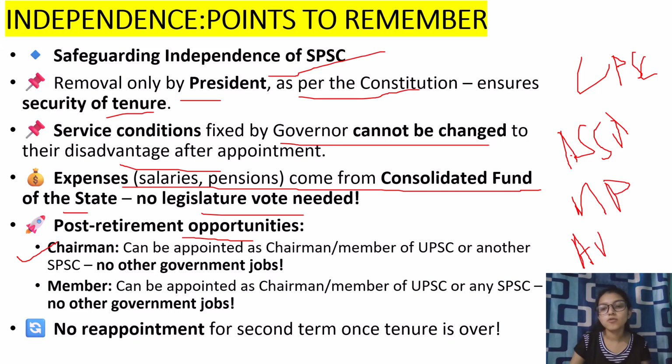All these kinds of bodies I can go into, but other than that I cannot apply for any other government job. A member can be appointed as chairman or member of the UPSC or SPSC, no other government job. No reappointment for a second term once the tenure is over. So reappointment is strictly prohibited.